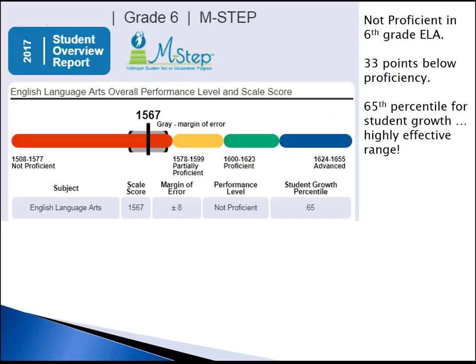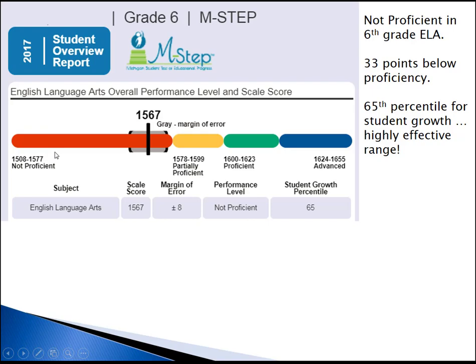Starting with the 65th percentile, here is a sample of a student in the not proficient category in 6th grade that was 33 points below proficiency, yet they were in the 65th percentile for their SGP, their student growth percentile. So we might reconcile this with the fact that they were really low the year before.